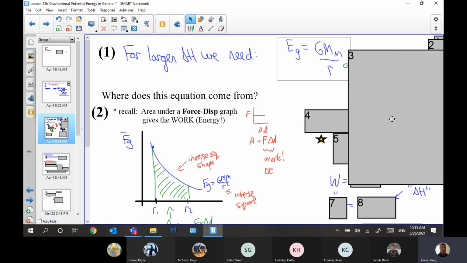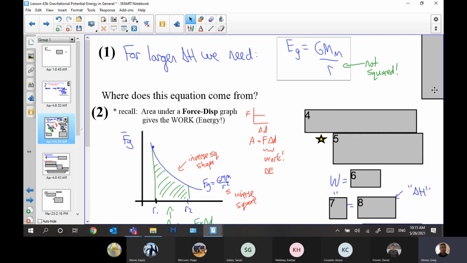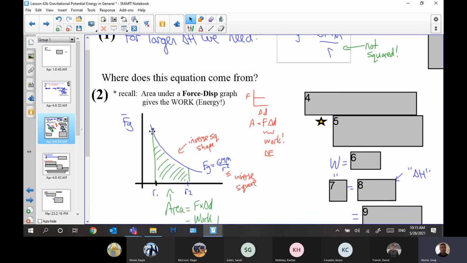The issue with gravity, as I've mentioned, is that the force of gravity reduces, right? Based on the inverse square law, since it's over r squared. So we have a graph for the gravitational force as you go farther and farther away, curving, reducing, right? So to get that area is kind of tricky.